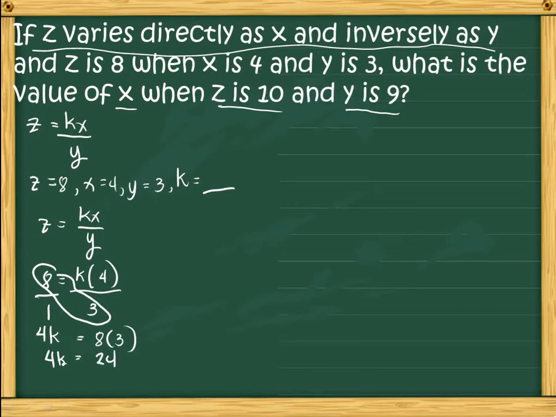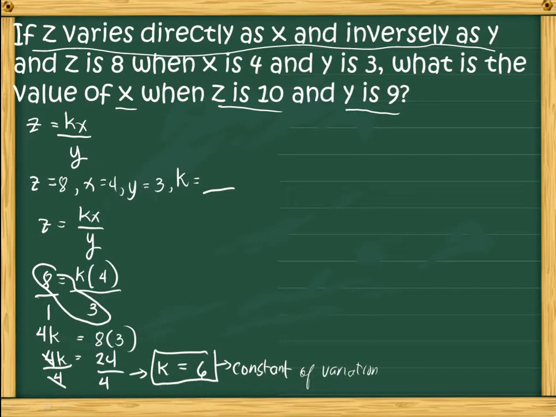Our goal is to find the value of k. We need to divide both sides by 4. So we have here 4k divided by 4 is equal to k. 24 divided by 4 is 6. K is equal to 6 is what we call the constant of variation.